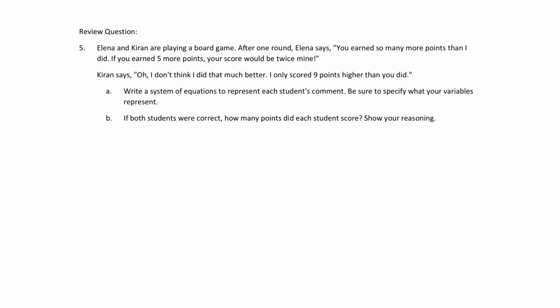All right, so let's say Elena says that if Kieran, K, earned 5 more points, so K plus 5, your score would be 2 times mine. So 2 times Elena's score. That's her equation.